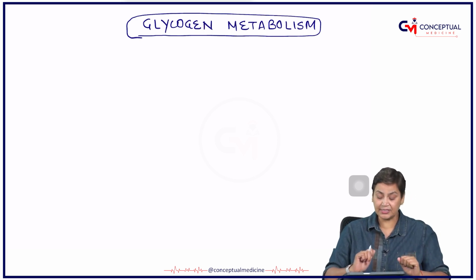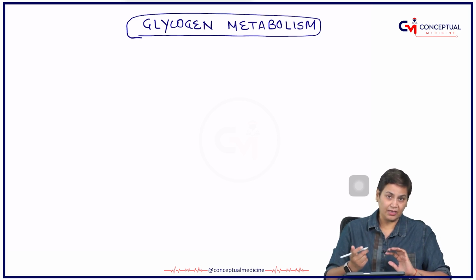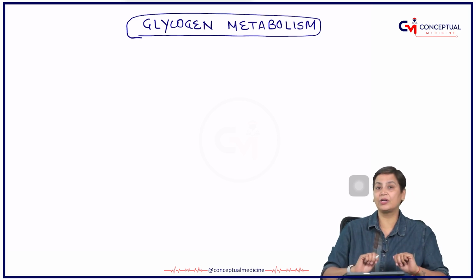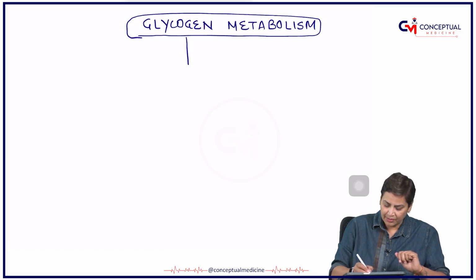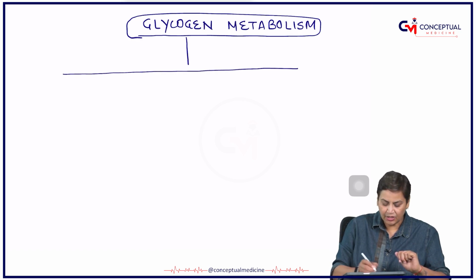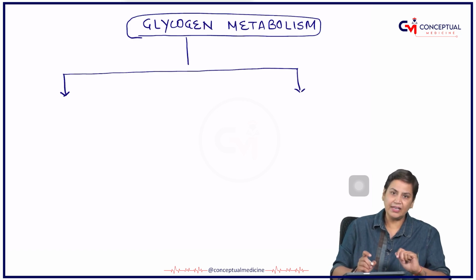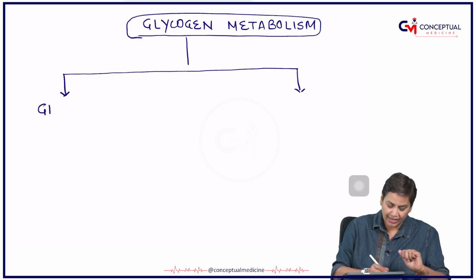Now the question is, what is this glycogen? Why does the body have to store glycogen? How is this glycogen metabolized? So glycogen metabolism we can study under two subheadings. One is the synthesis of glycogen, which is known as glycogenesis.